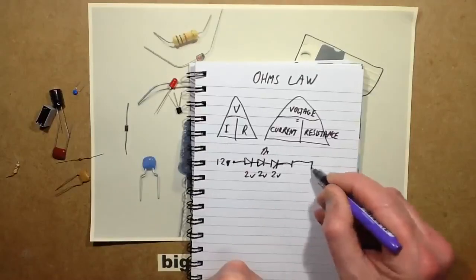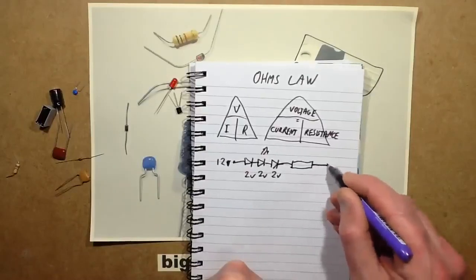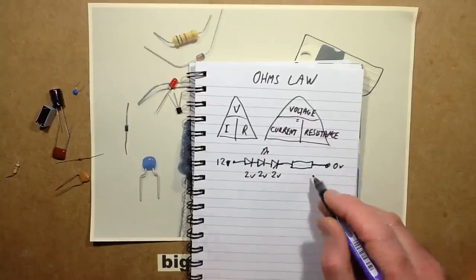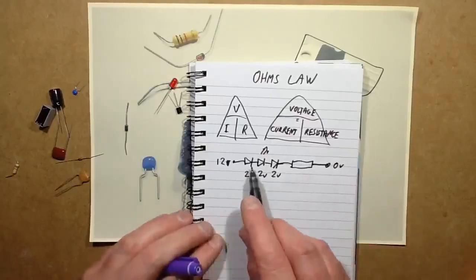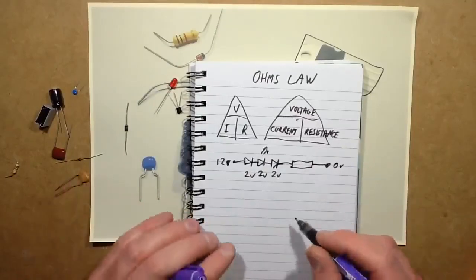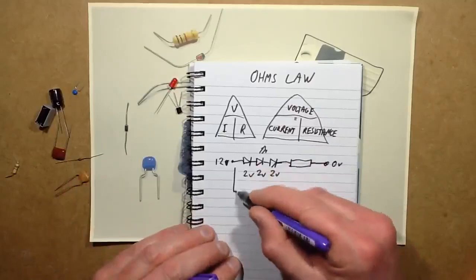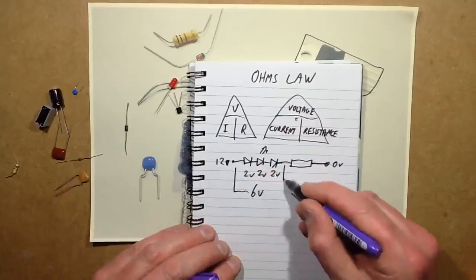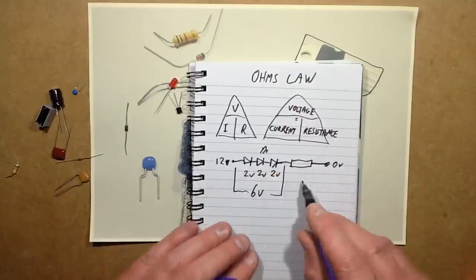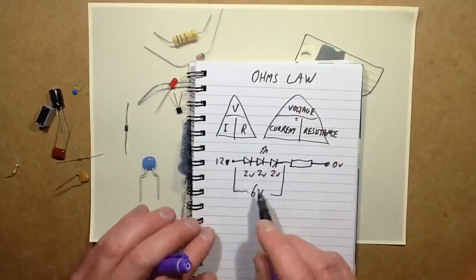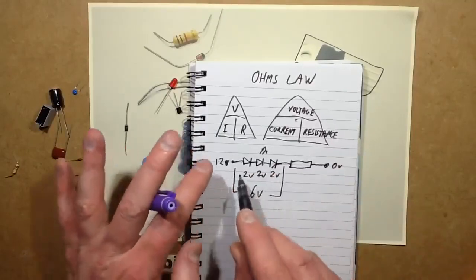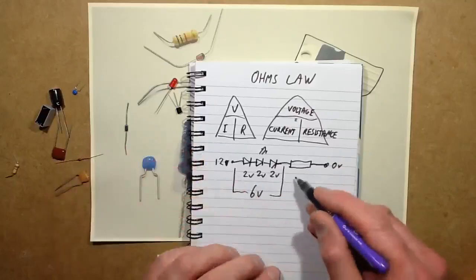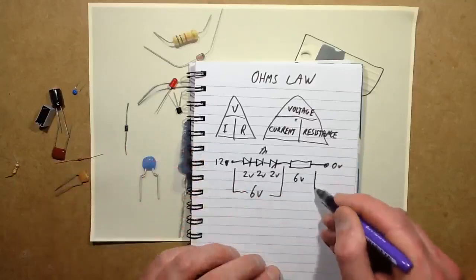And you want to choose a resistor that is going to limit the current, so that's at 0 volts over there. You want to choose a resistor that's going to limit the current through these LEDs to 10 milliamps. So across the LEDs, you've got 6 volts dropped. Across the resistor, because it's a 12 volt supply, you've got the 6 across the LEDs, and you're going to have 6 volts across the resistor to drop.